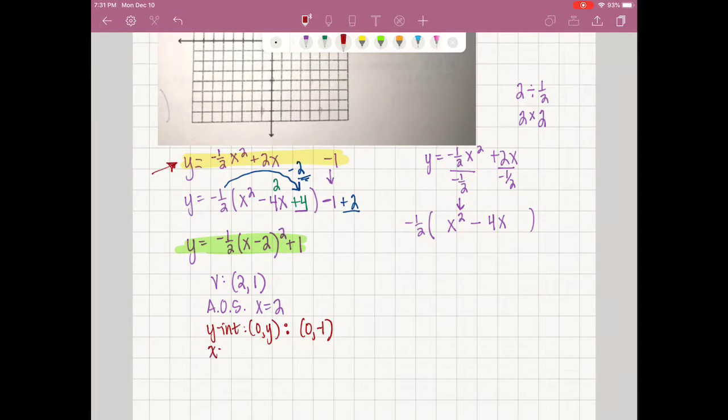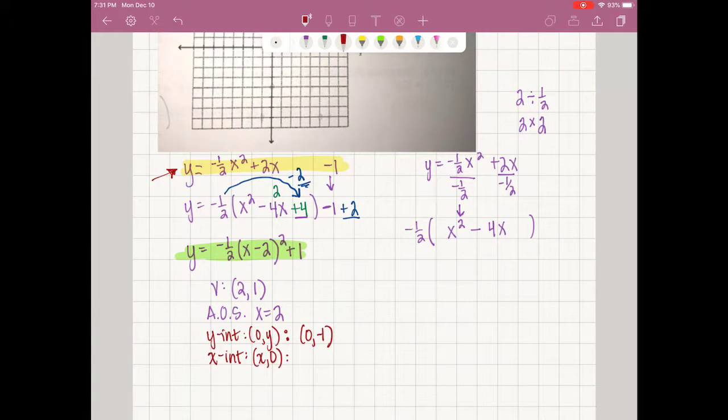The x-intercept is the value of x when y is 0. So I'm going to use this form right here for that. We're going to put a 0 in for y, and I'm going to solve. So I'll subtract 1 from both sides.